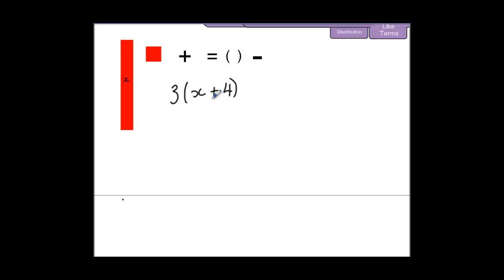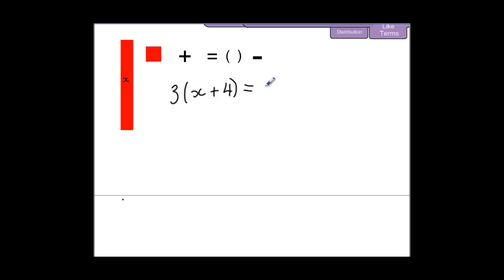Okay, we're going to look at the second concept, which is called the distributive property of equations, and how we can reorganize in order to simplify our equations. So I'm just going to give this an answer.